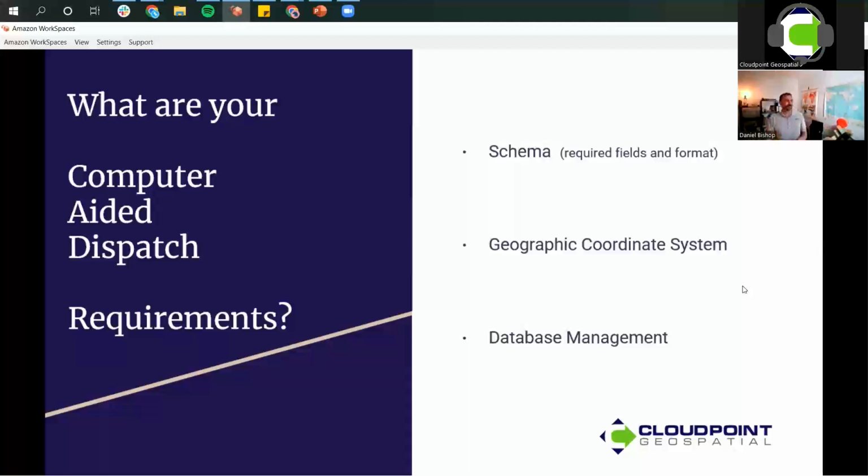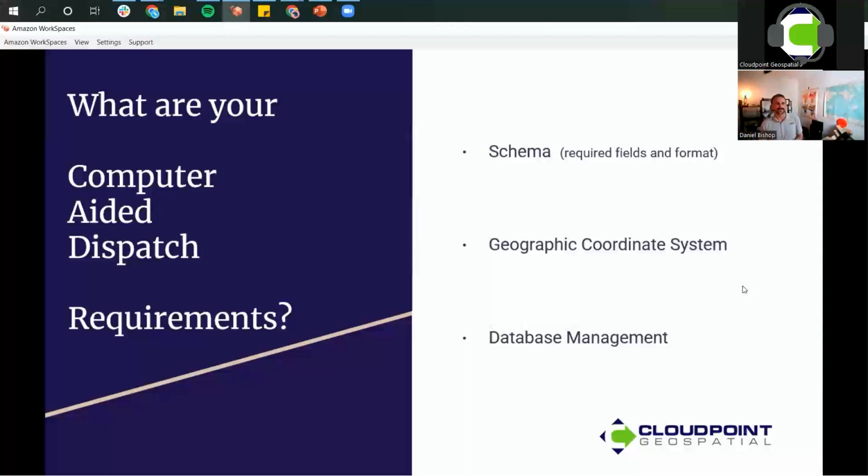So what are your CAD software requirements? The things that you really should discuss, and this is the outline for the rest of our talk, are, first, schema: understanding the field requirements in your attribute data and the format that the CAD software is expecting for those fields. Second, the geographic coordinate system which your CAD software uses.